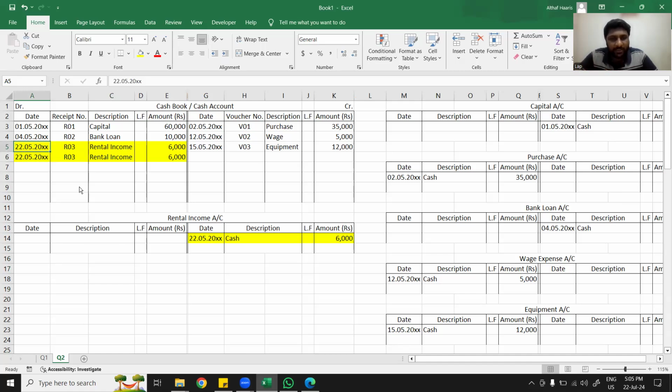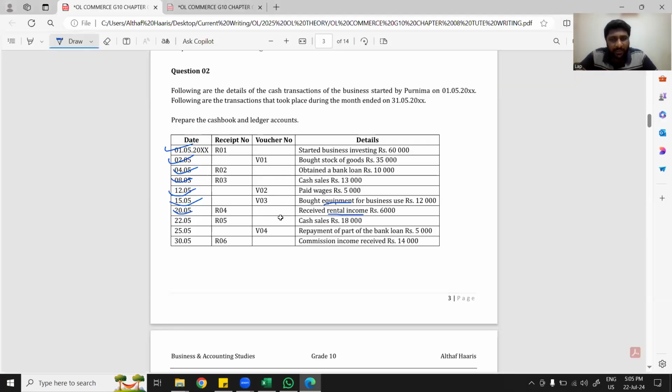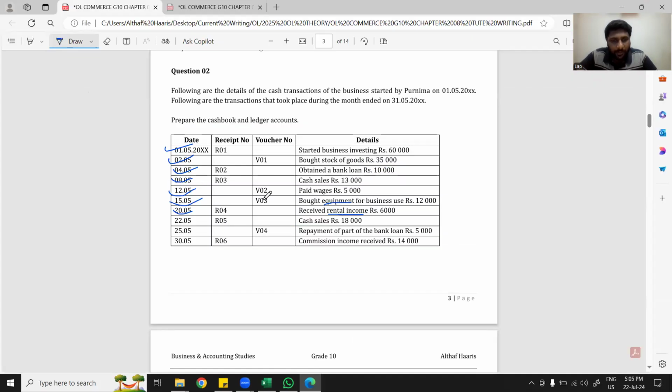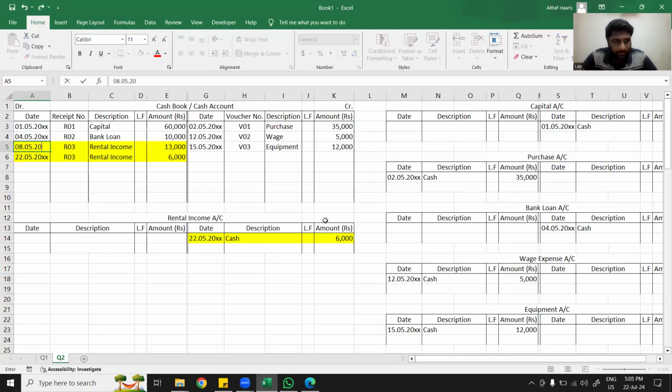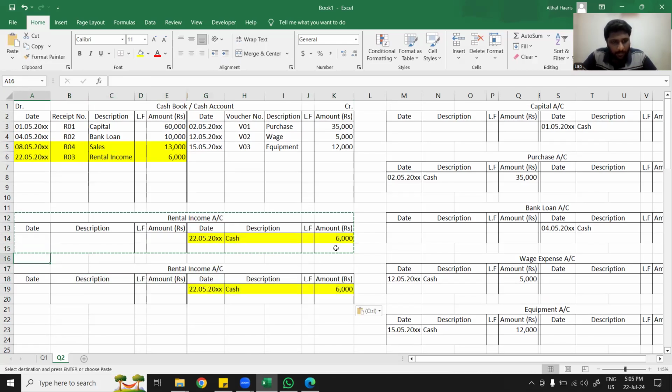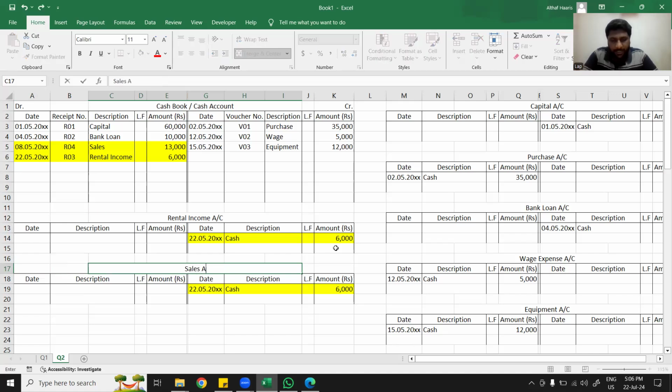We have missed the transaction. Cash sale 13,000. What's the date? 8/5. Sales account 13,000.